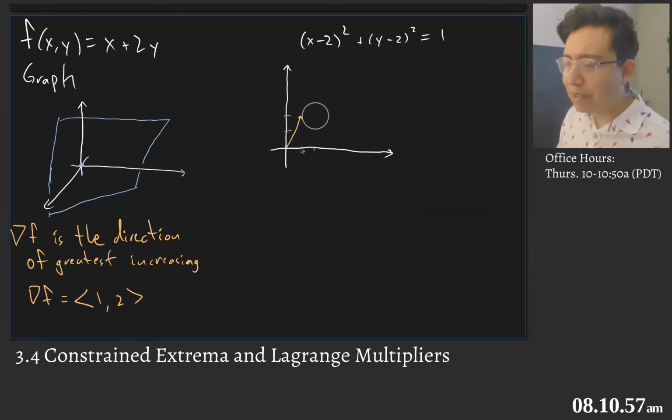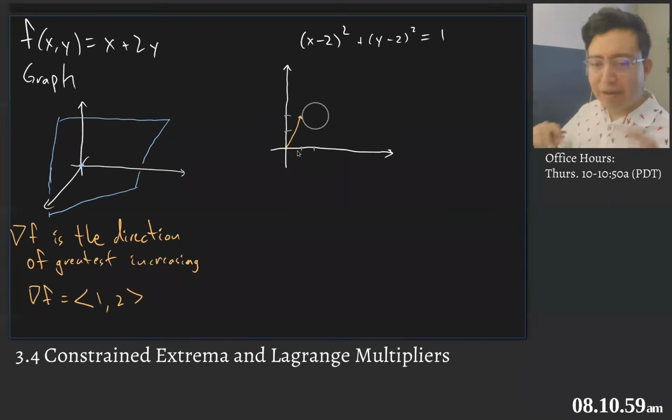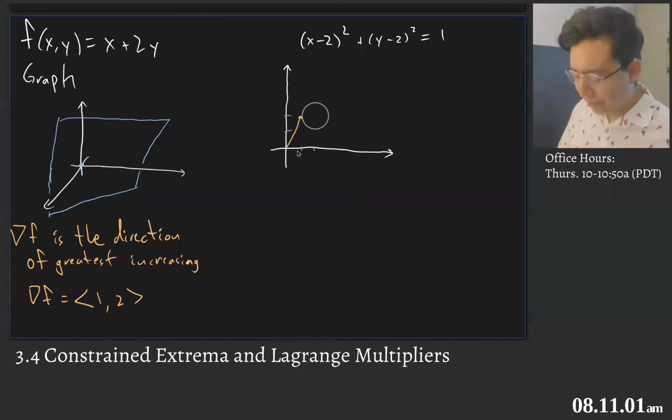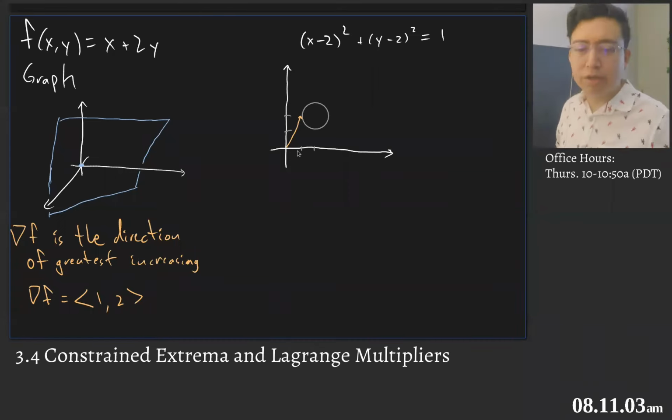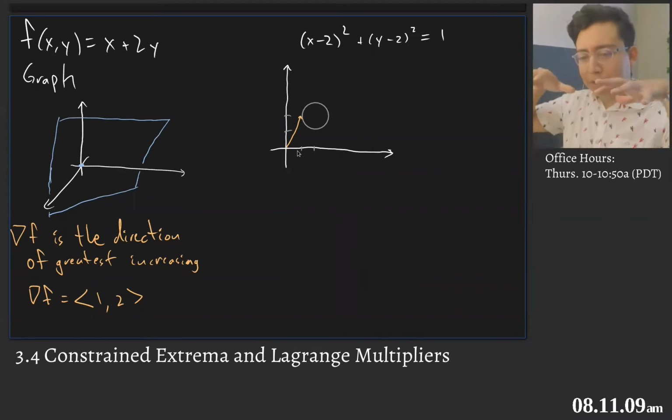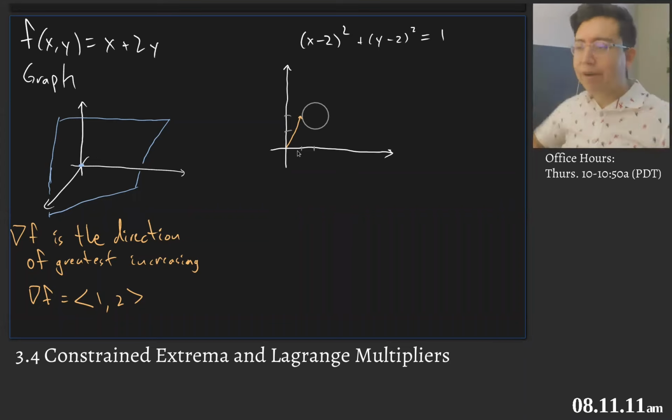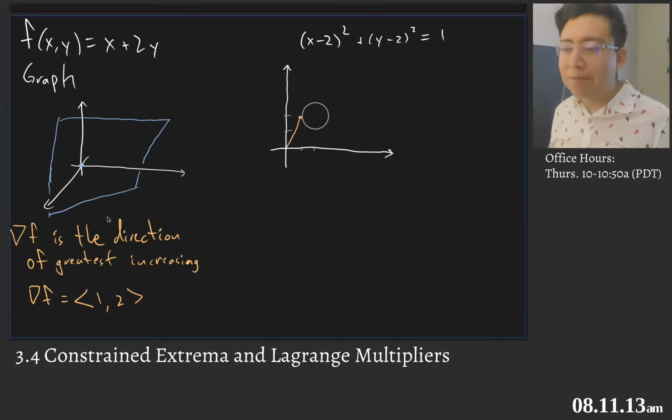But remember, it happens at every point. The gradient you can think of as, we're going to learn a little bit about something called vector fields next week. So the gradient is happening at every point. Now at every point it might be different, right? But in this case, at every point it's the same.